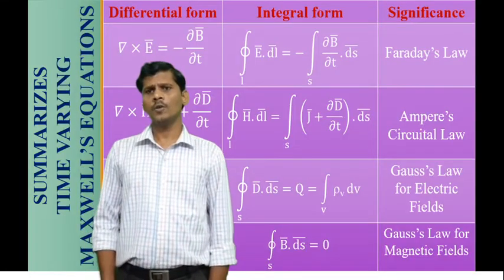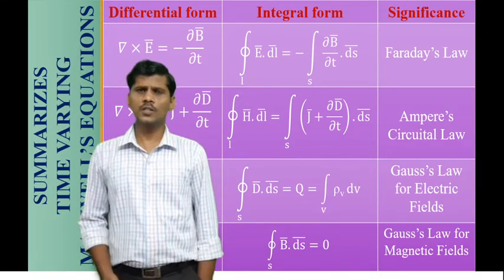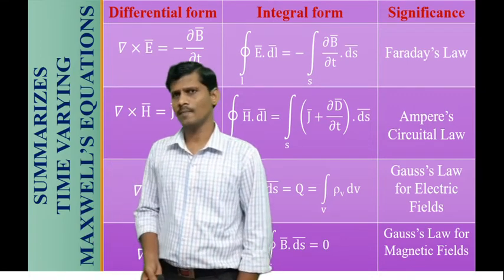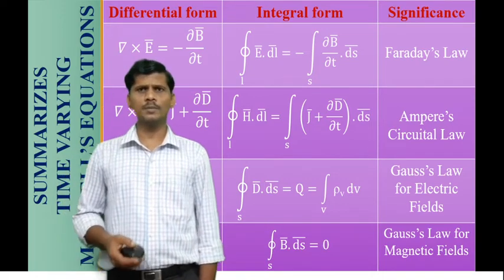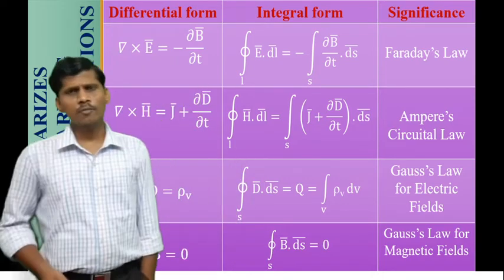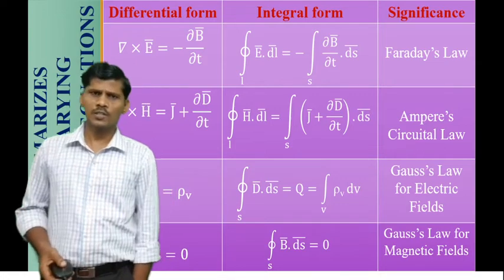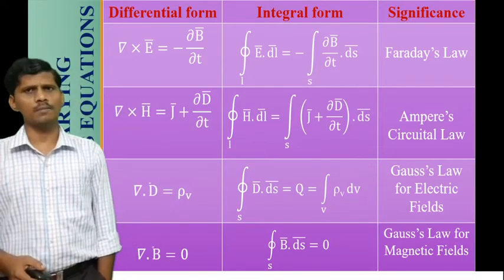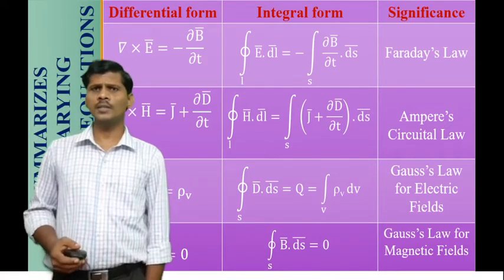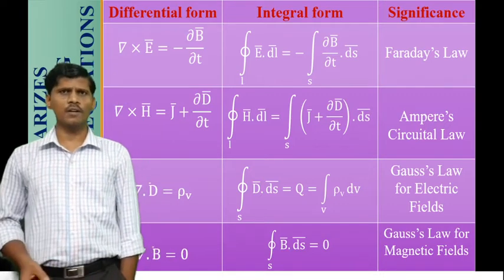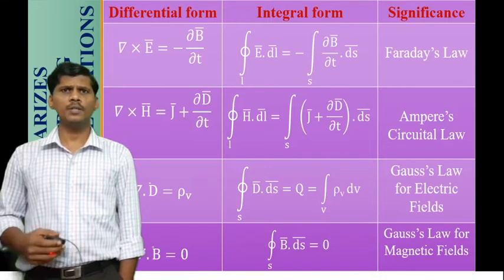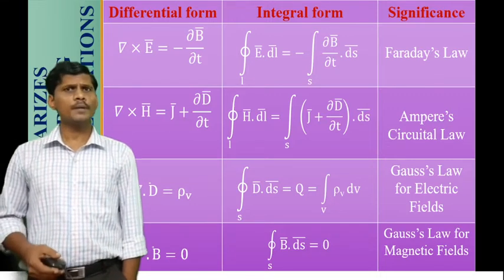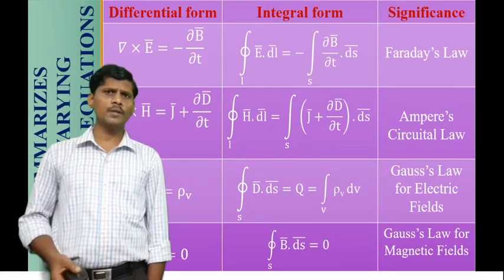Time invariant means that in the above equations, dou B bar by dou t, the magnetic flux density, is varying with respect to time, and dou D bar by dou t, the electric flux density, is varying with respect to time. If the magnetic flux density and electric flux density are not varying with respect to time, that is time invariant or static fields. So for static fields, dou B bar by dou t is 0 and dou D bar by dou t is 0.